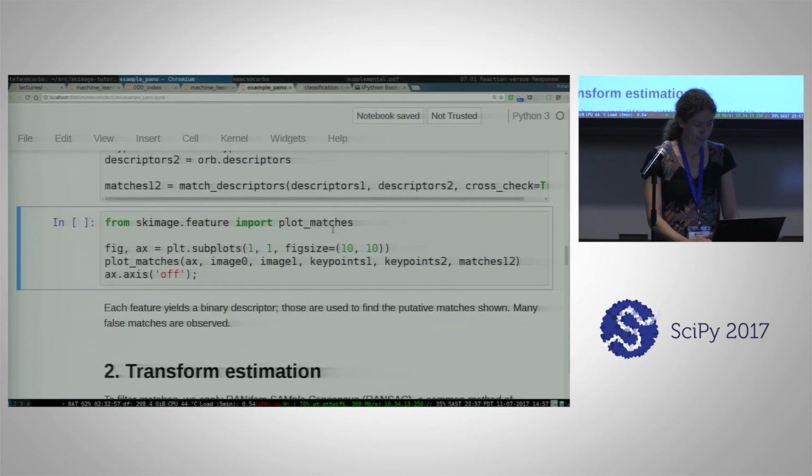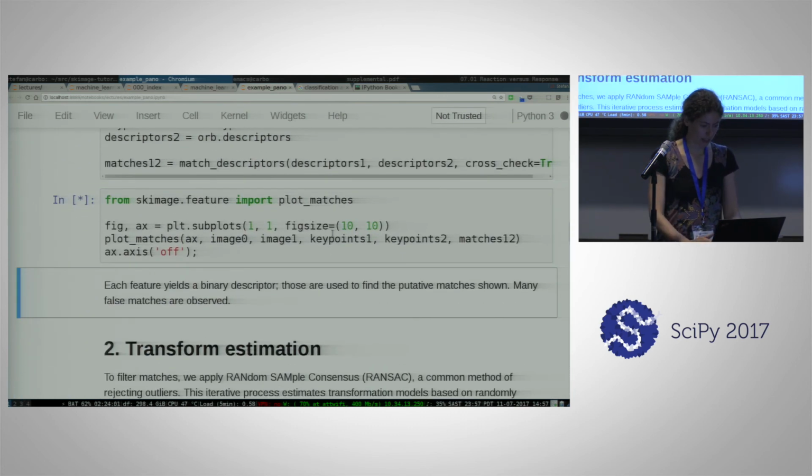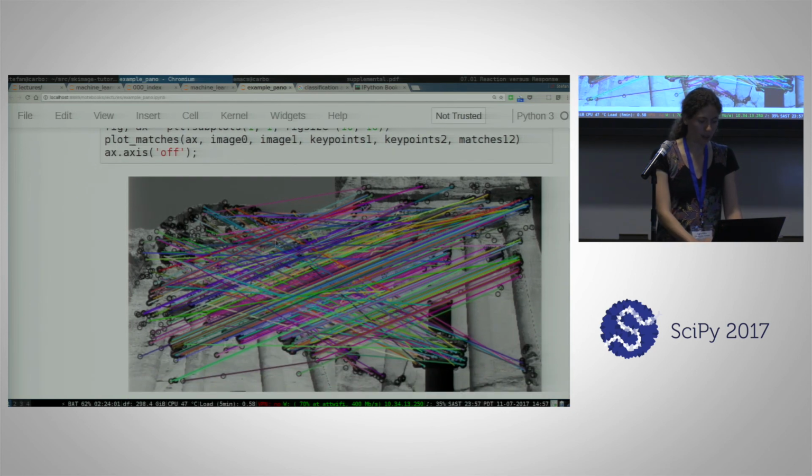And when you do this on the two images, so it's a very busy picture, the dots here correspond to points of interest, and these directions correspond to matching between the two sets of descriptors. And you see that here there is a general direction which corresponds to the transformation between the two images, but that there are also a lot of outliers that correspond to false detection of matching between the descriptors.